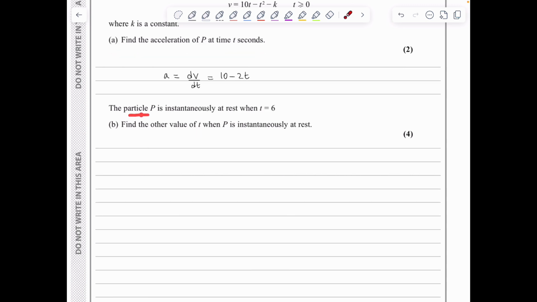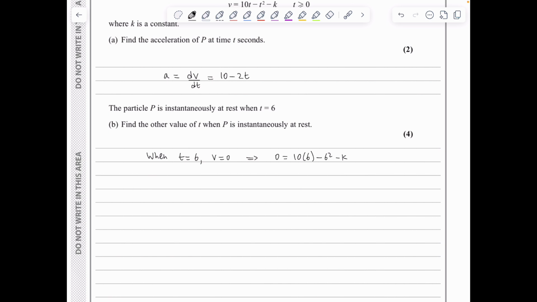Now the particle P is instantaneously at rest when t is 6, and we need to find the other value of t when P is instantaneously at rest. So we know that when t is equal to 6, the particle is at rest. So when t is 6, v is 0. So this means that 0 is equal to 10 times 6 minus 6 squared minus k.